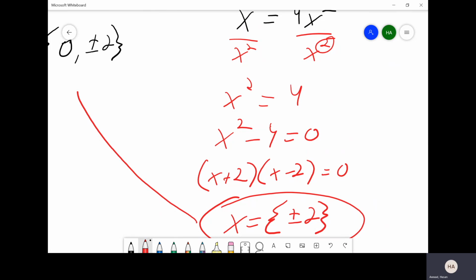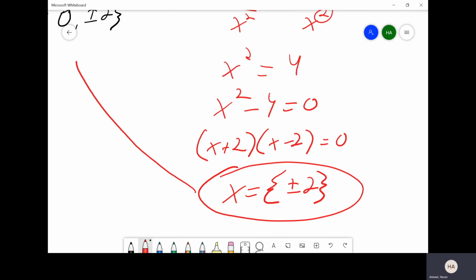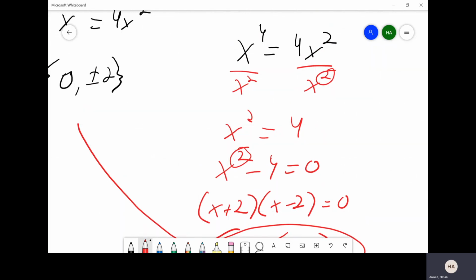And so when we're solving x squared minus 4 is equal to 0, notice that we only got 2 solutions, and that matches the highest exponent that we have in our equation, which is a square, right? x squared. So the reason that we can't divide by our variable when we're trying to solve for our variable is because when we divide out by our variable, we are essentially getting rid of solutions.